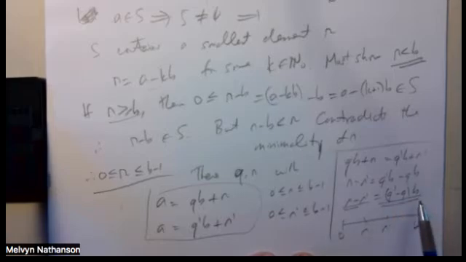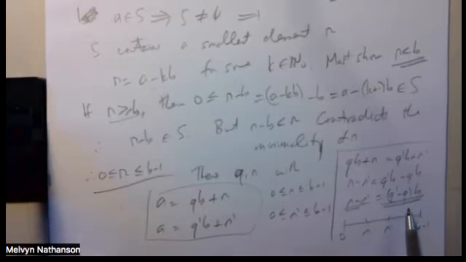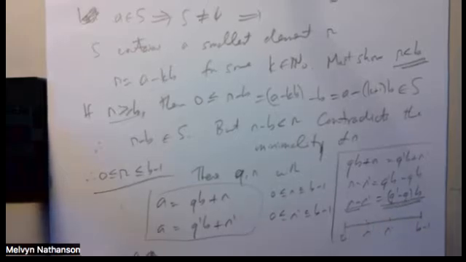But this number in absolute value, if it's not 0, it's bigger than or equal to B. It can't be bigger than B if it's equal to something smaller than B. So this has to be 0. So Q prime has to equal Q, and R equals R prime.